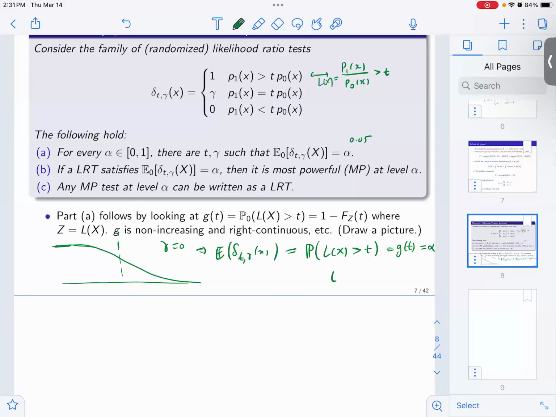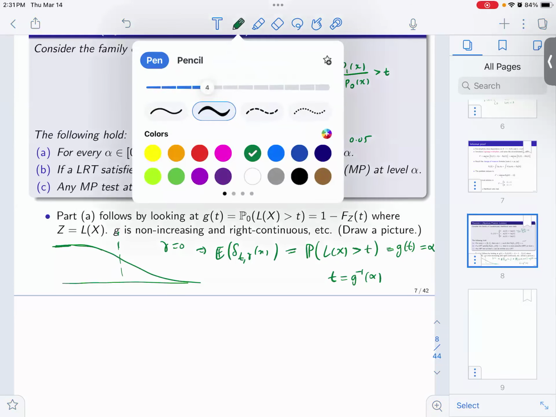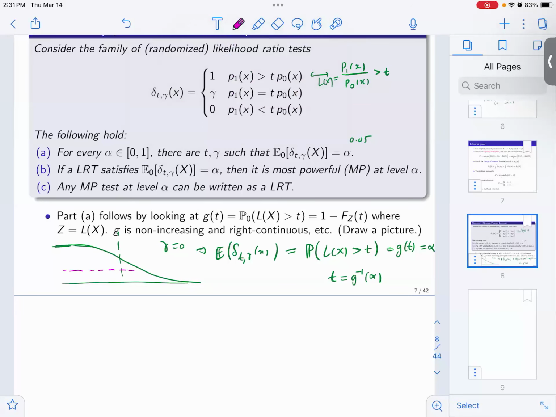And so T would be G minus 1 of alpha. I look at the alpha level that I want, maybe here, and then this point would be G minus 1 of alpha. So that would be my threshold.